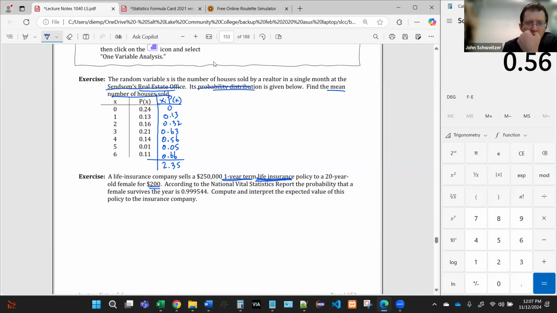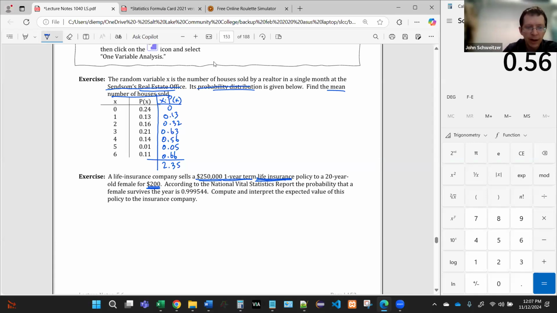With this policy, we're going to have a $250,000 life insurance policy, and it costs $200. So how does it work? If this person dies during the year, their beneficiary gets $250,000, and they pay $200 for this. So how do life insurance companies work out how much to charge? Do they charge 200?